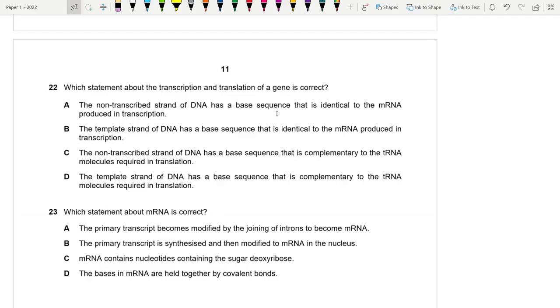No. It's complementary, okay, but not identical, and it does not have uracil. The non-transcribed strand of DNA has a base sequence that is complementary to the tRNA molecules required in translation. Okay, so identical is a no-go. It's between C and D.